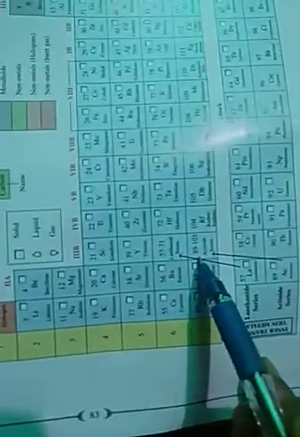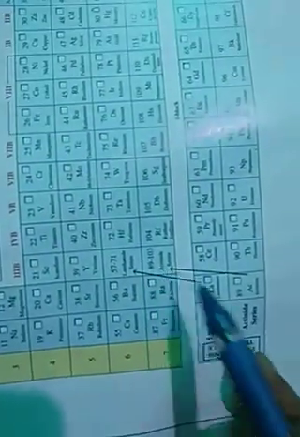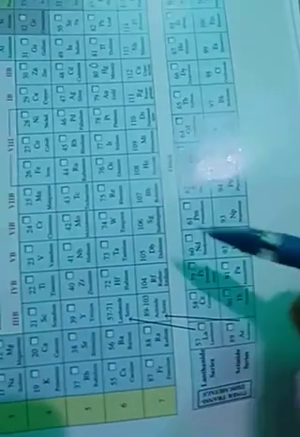Likewise, the elements of period 7 and group 3 have atomic numbers varying from 89 to 103. If you see, it is what? Actinides. So this actinide series also includes 1, 2, 3, up to 15.